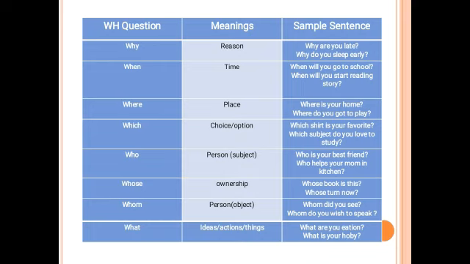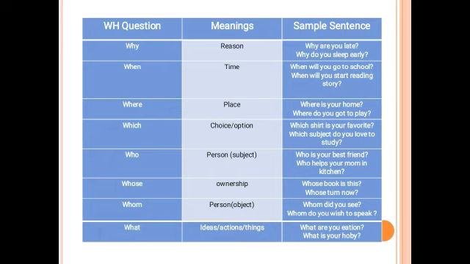Who is used for a person when the person is a subject. Whose is used for a person when the person is having ownership, having possession. But whom is used for a person who, in a sentence, is not the subject of the sentence, it is the object.